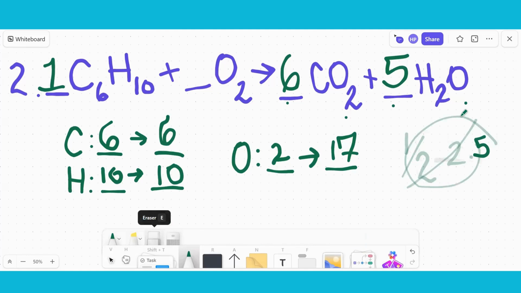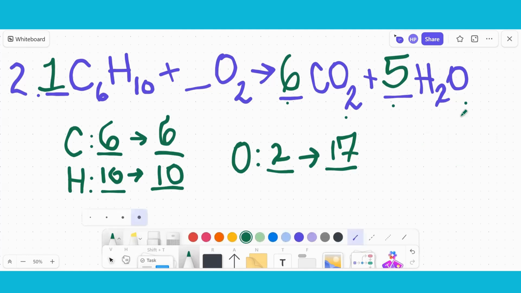So, since on the left our oxygen species is O2, this 17 is not going to work because 17 divided by 2 is 8.5. We cannot put 8.5 on our leftmost oxygen species because decimals are not allowed.